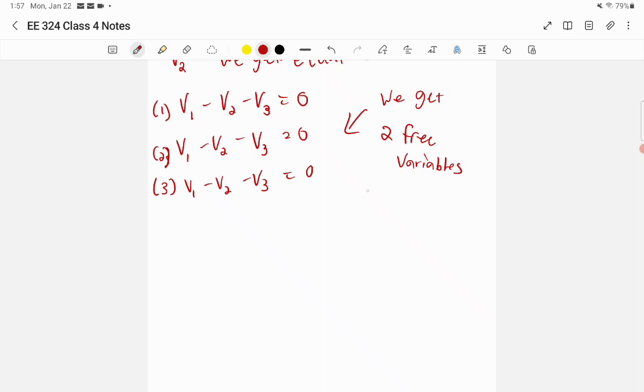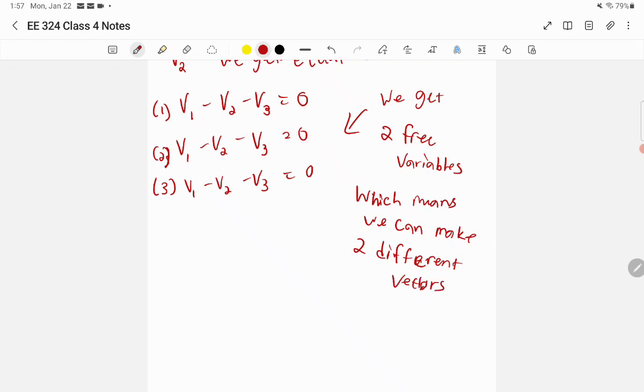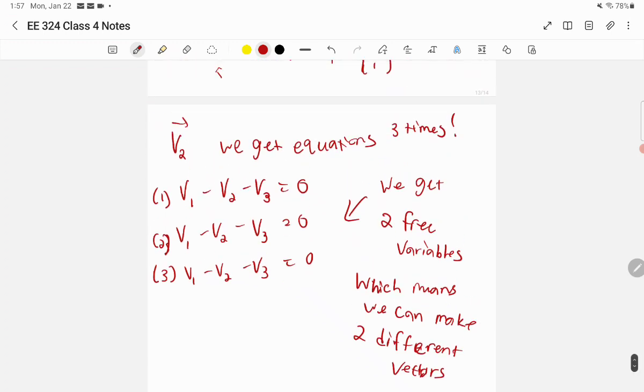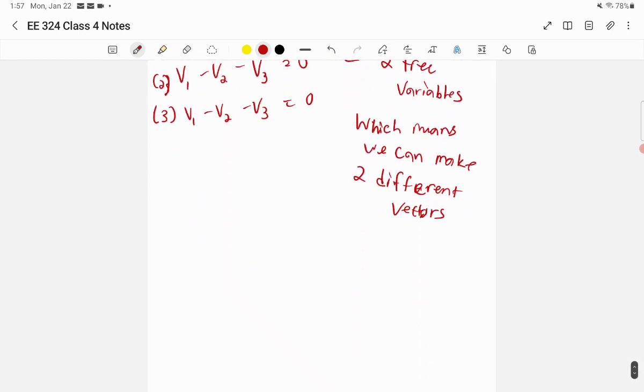Which means we can make two different vectors. So this is not the case of non-unique vectors. This is the case of unique vectors.